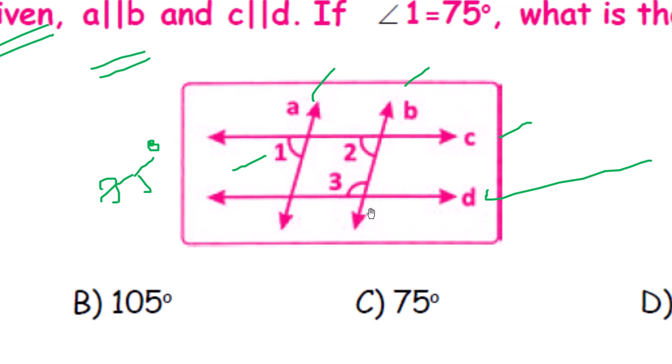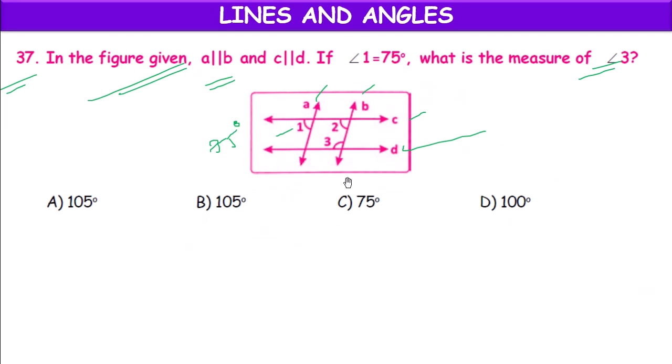If AB are parallel, if C is the transversal, this 1 and 2 are corresponding angles. If 1 is 75, 2 also will be equal to 75. And if CD are parallel, if B is the transversal, these 2 and 3 angles are co-interior, whose sum is 180. If 2 is 75, 3 will be 105.